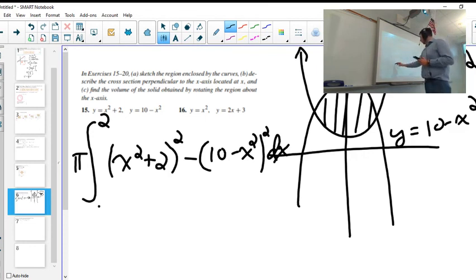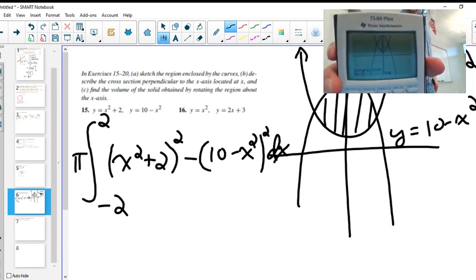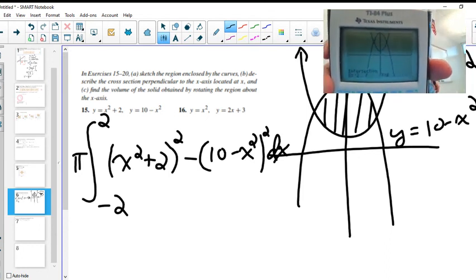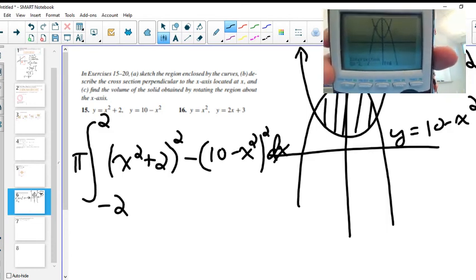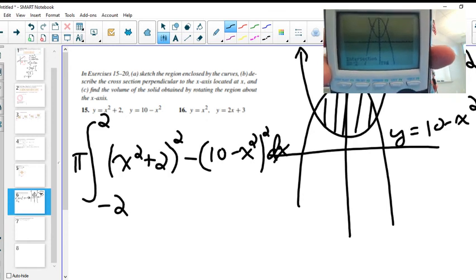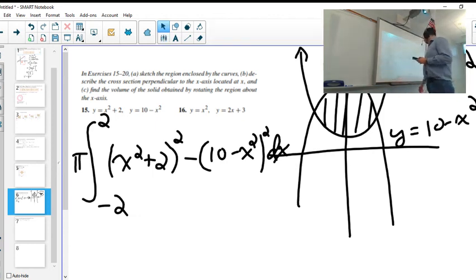Yeah, it looks like it's going to be 2 to -2. I'm looking at my TI-84. I put in both of the functions, use calc, and hit intersect to get the intersection points. You could use fnInt to integrate this, or you could square things out, though it would be an ugly problem to do by hand.